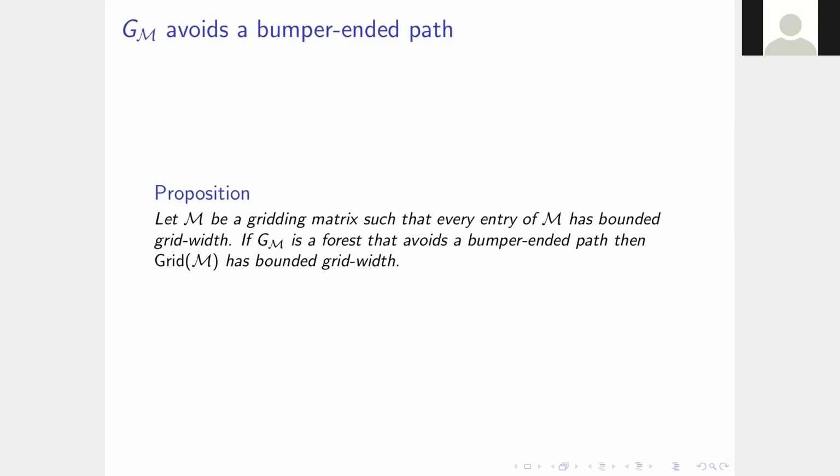We can complement this with this proposition, which says that if every entry of M has bounded grid width, so we restrict ourselves to gridding matrices such that each entry of M has bounded grid width, and in that case, if the cell graph is a forest that avoids a bumper-ended path, then in fact the class grid M has bounded grid width.